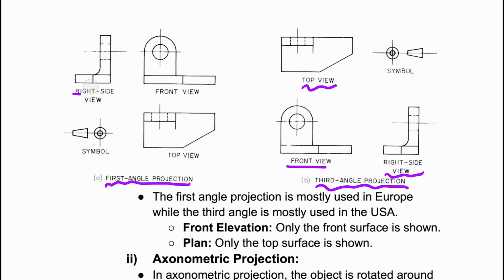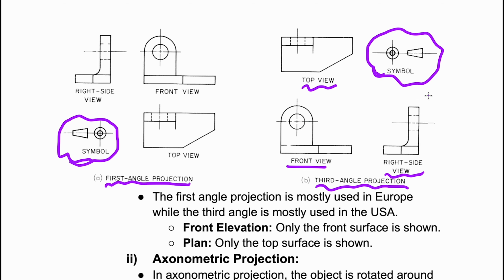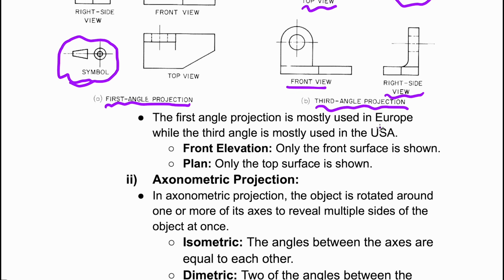So it's exactly reversed. And the symbols to define these projections are these. When you're reading a schematic, if you're seeing this symbol, it means that it's drawn in the style of the first angle projection. And if you're seeing this symbol, it's drawn in the style of the third angle projection.